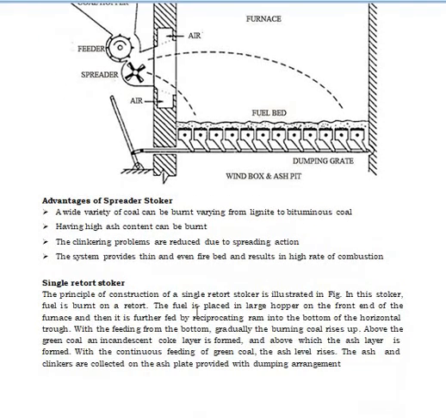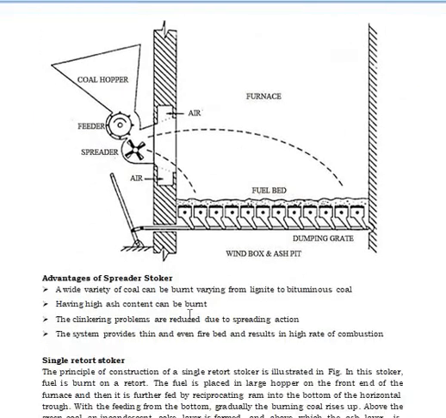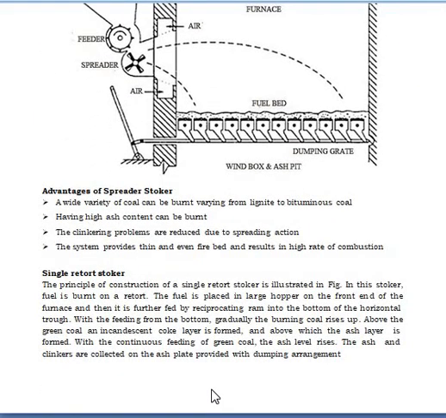Single retort stoker: the principle of construction of the single retort stoker, you all can see. In the stoker, the fuel is burnt on a retort. The fuel is placed in a large hopper on the front end of the furnace, and then it is fed by a reciprocating ram into the bottom of a horizontal trough.